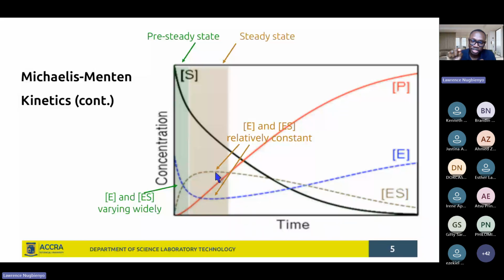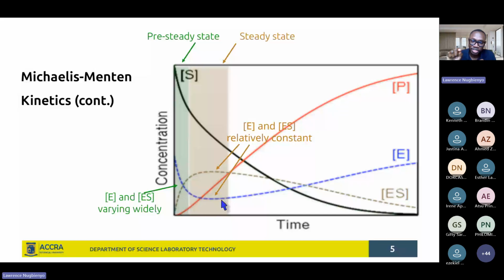Of course, at this point, you have enzyme molecules bound to the substrate to form the enzyme substrate complex. So you see that the concentration of the enzyme substrate complex has gone up, whilst the concentration of the enzyme has gone down.